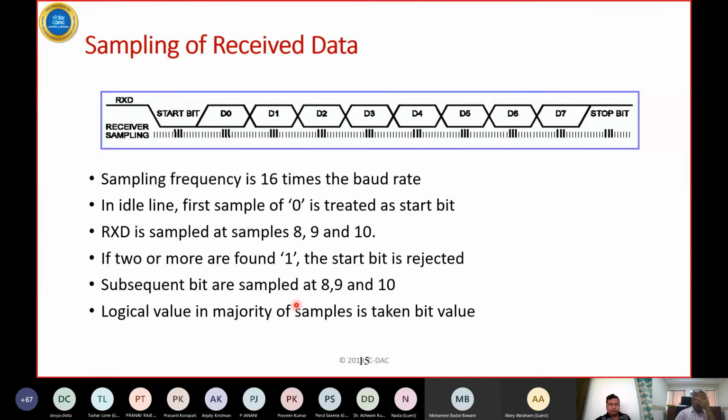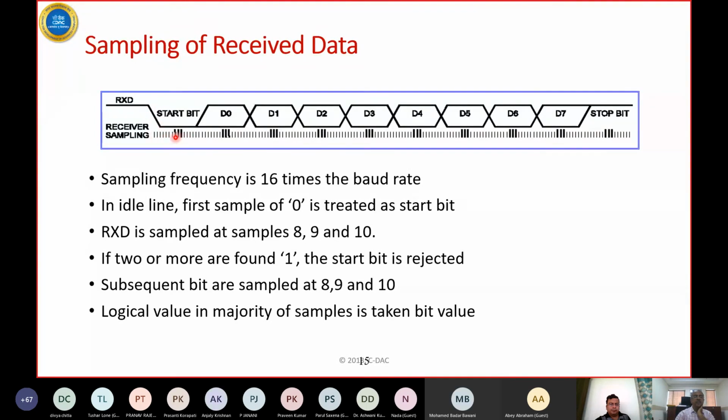I talked about noise filtering. So how is it done? What I told you is that typically this is idle. If the line is high, then we say that the line is idle. The start bit is going from high to low. What is the receiver doing? The receiver is continuously looking at this data line. At one point in time, it finds that the data line has gone low, indicating that it is a start bit.